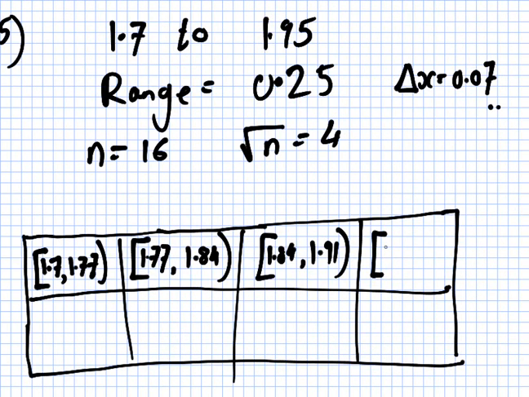And then 1.91 to 1.98. So it doesn't matter, I got a little bit over, but it makes it easier to write. So I can live with that. So the first one, 1.7 to 1.77.